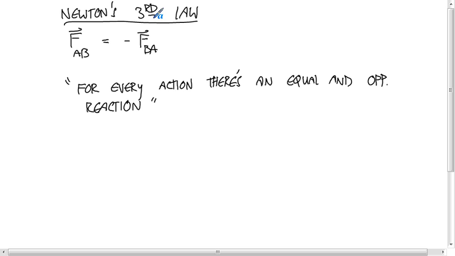It's sort of hard to believe that the baseball is applying the same amount of force to the bat that the bat is applying to the baseball, right? That seems odd because you never see the baseball player go flying 400 feet. So I'll talk about how that actually does work, why that actually does make sense. But that truly is what the law says.